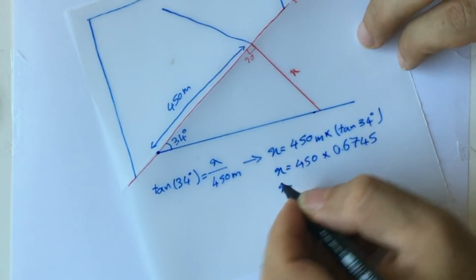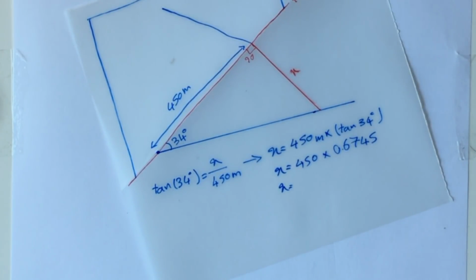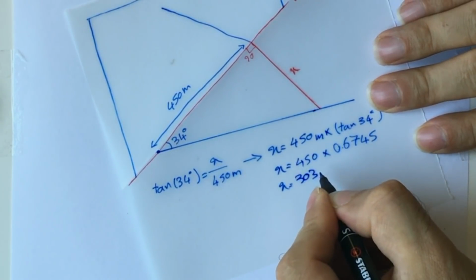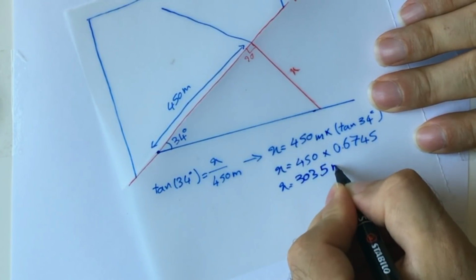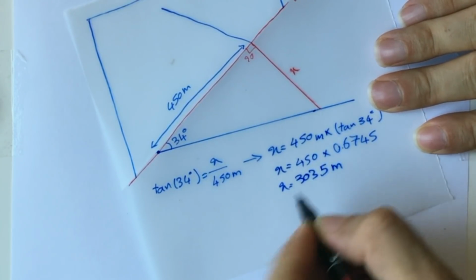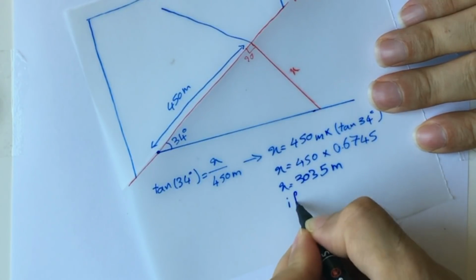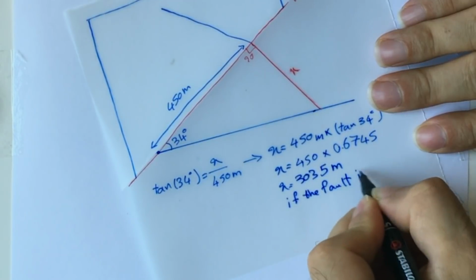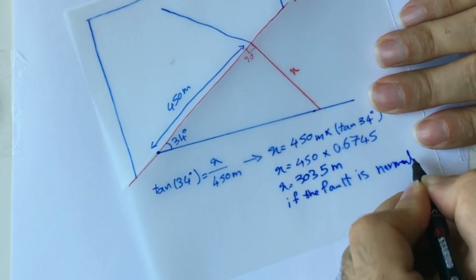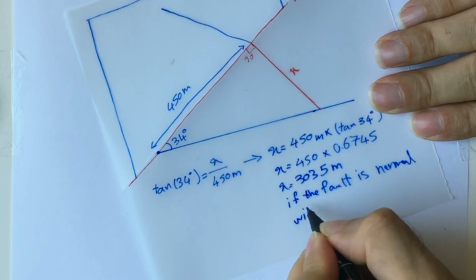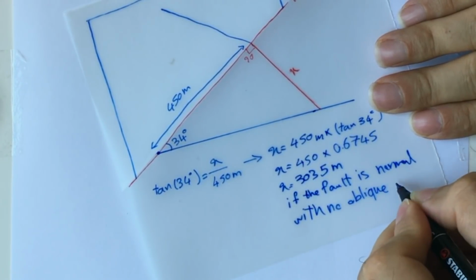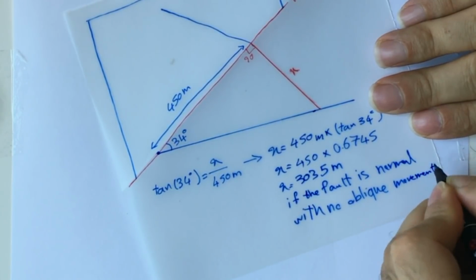Let's multiply these two. It's going to be 303.5 meters, if the fault is normal with no oblique movement.